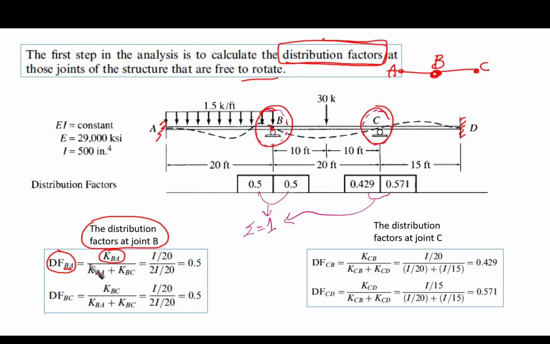So we have KBA, which is one of the members framing into the joint, and another member, which is BC. So we have KBC here.